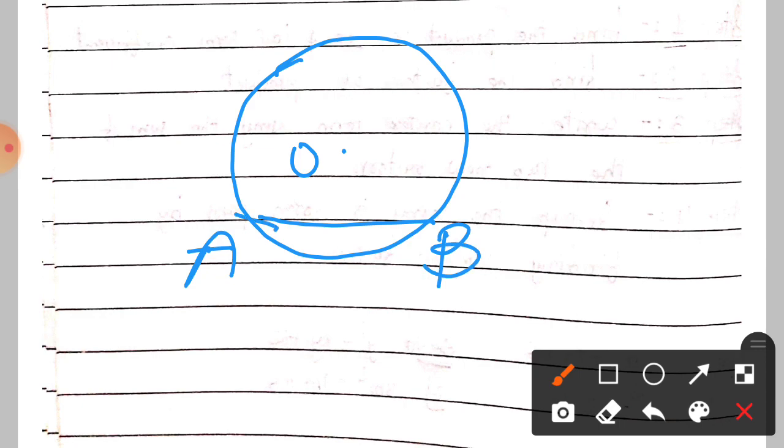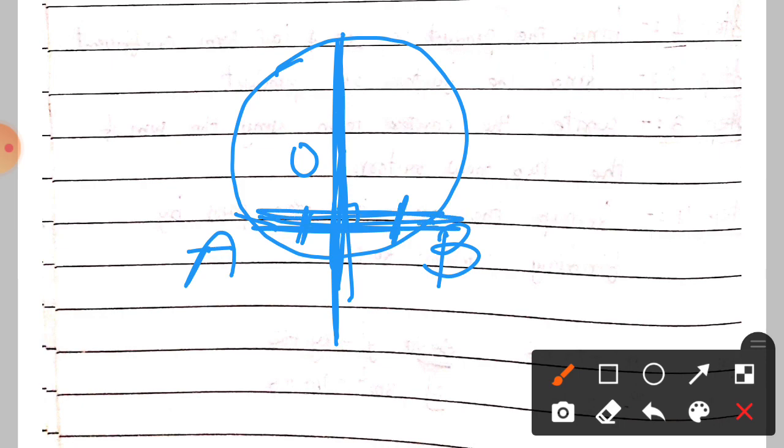And I draw a perpendicular line from the center. That divides AB into two equal parts. It's called bisecting, correct? So the perpendicular from the center bisects the chord. Bisect means create equal parts. Correct? This is our theorem number 10.3.